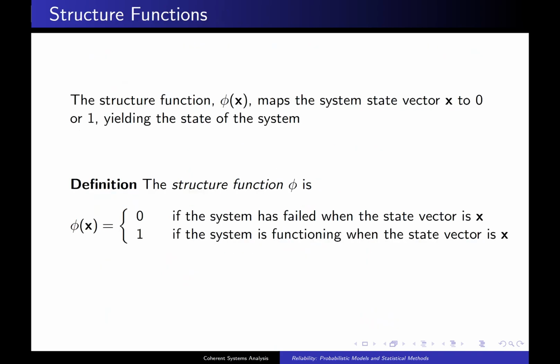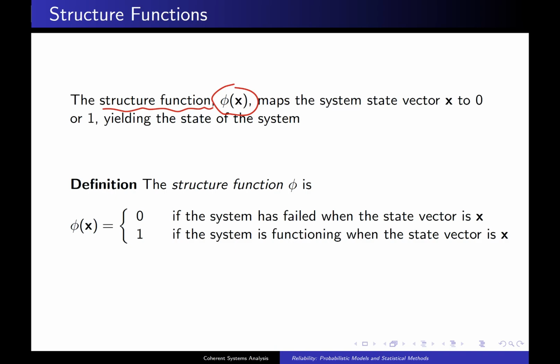So with those definitions in place, we move to something known as a structure function, and the structure function is the topic of this first section in Chapter 2. The structure function is denoted by phi of x, and the structure function maps the system state x to either 0 or 1, yielding the state of the system.